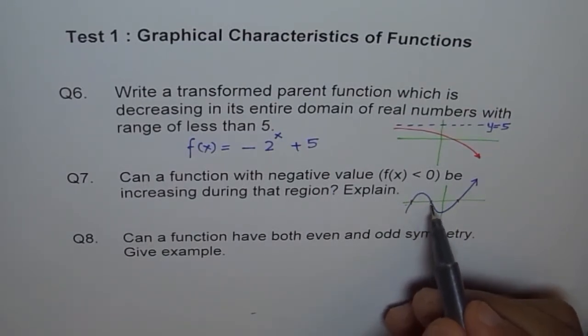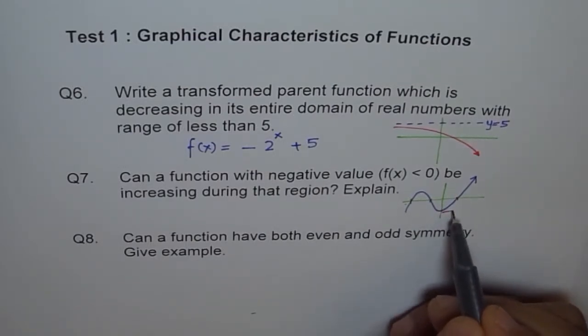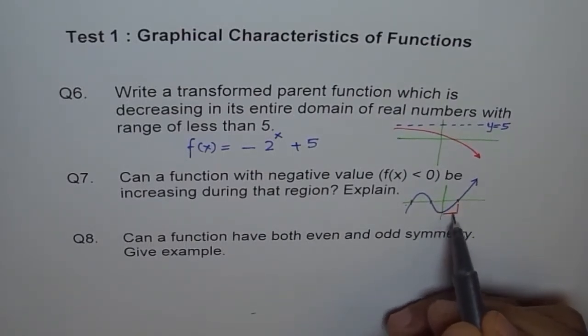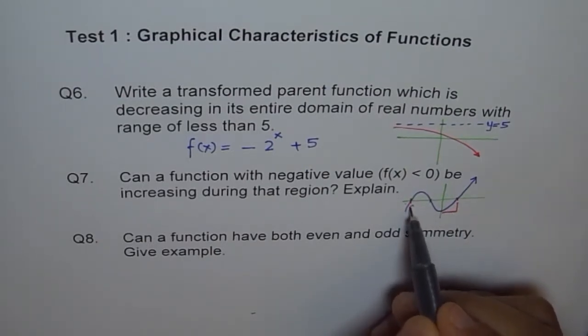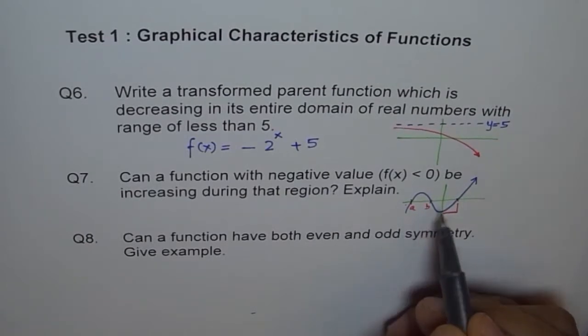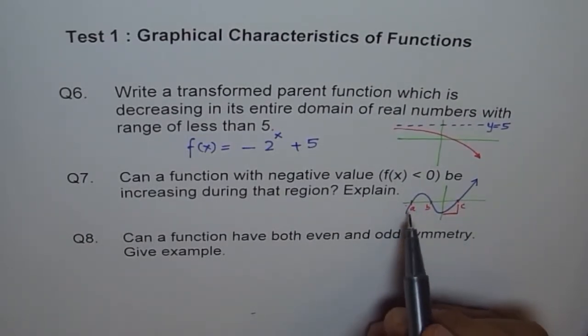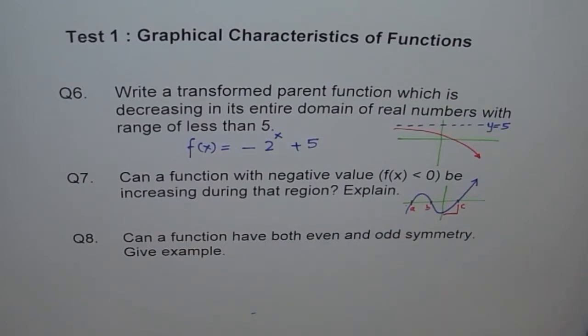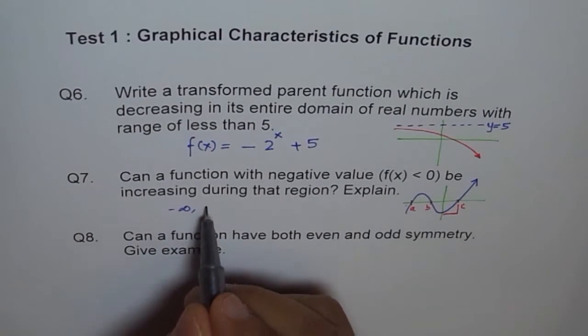So you can see even if the function is negative, it decreases and then increases. Do you see that? During this region from here to here, it is increasing, and from minus infinity to this point also. This point is A, this is B, and this is C, correct? You will see that the function increases from minus infinity to A, right?